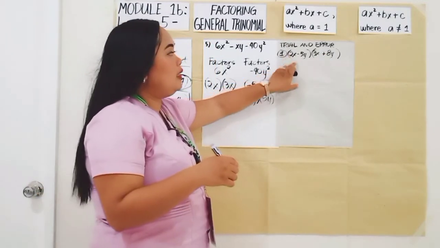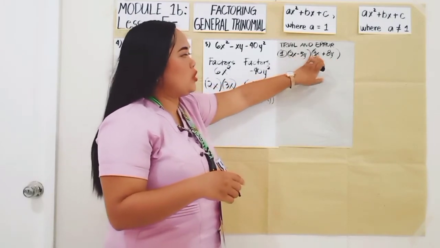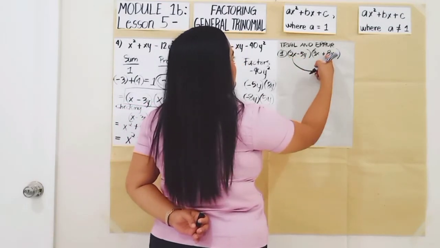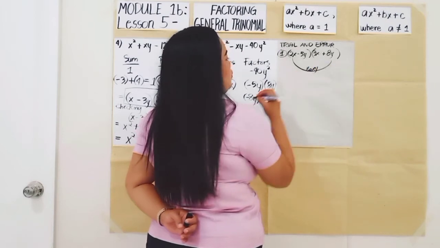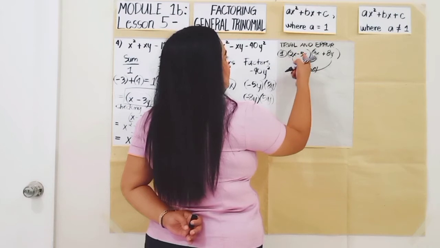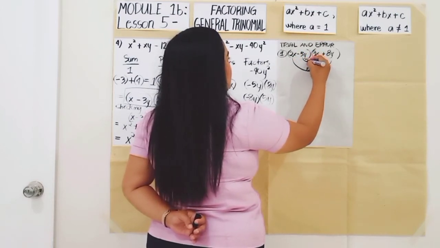You multiply the outer and the inner. So you multiply 2x and 8y. That is 16xy. And then what is the inner? Negative 5y times 3x. That is negative 15xy.